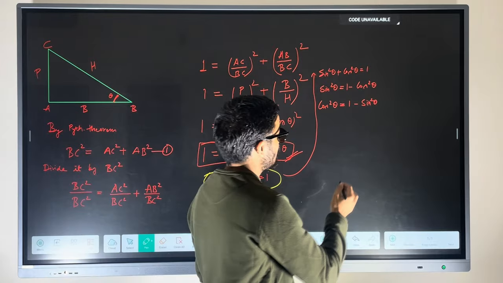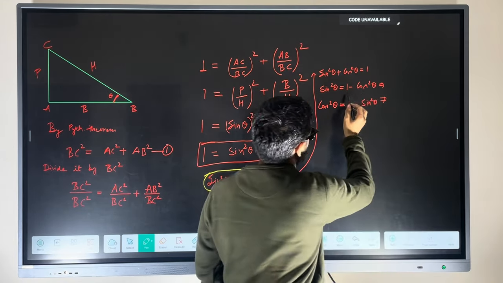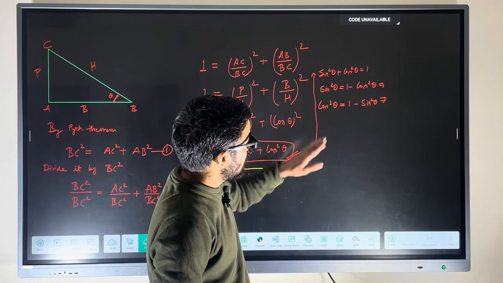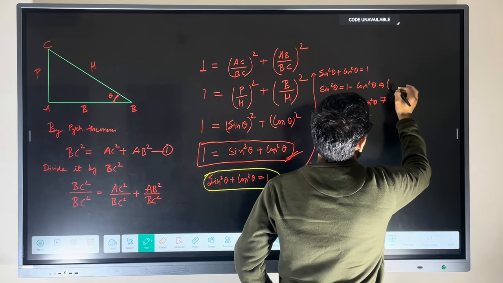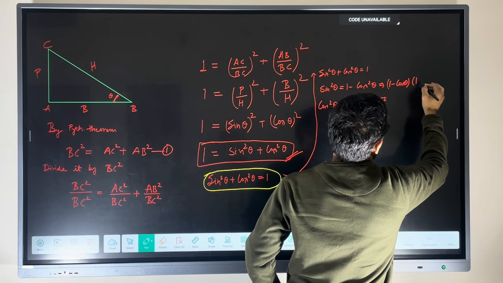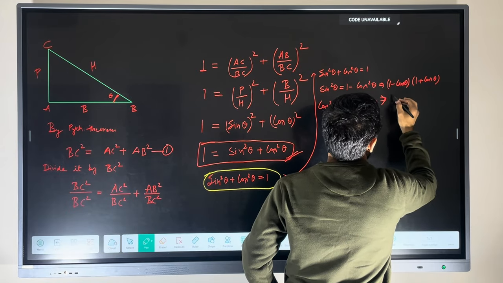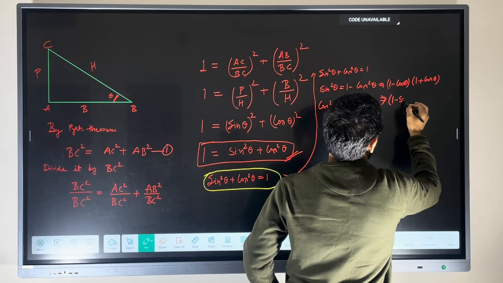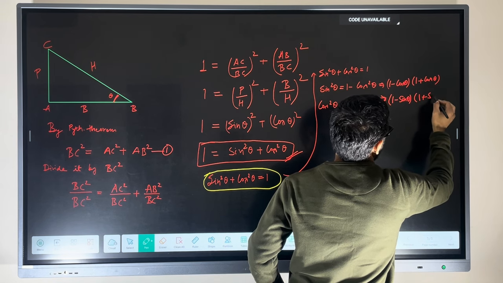If we break this formula also, here this is 1 minus cos square theta. We can write 1 as 1 square, so it is a square minus b square. What will be the formula? It will be a minus b into a plus b.